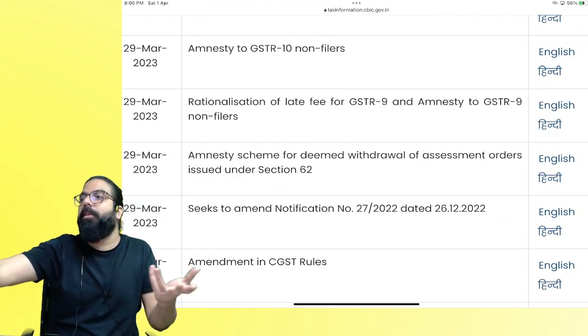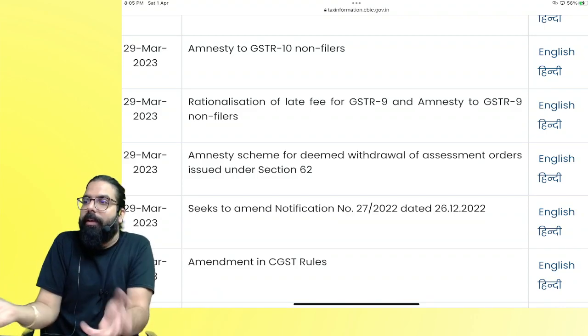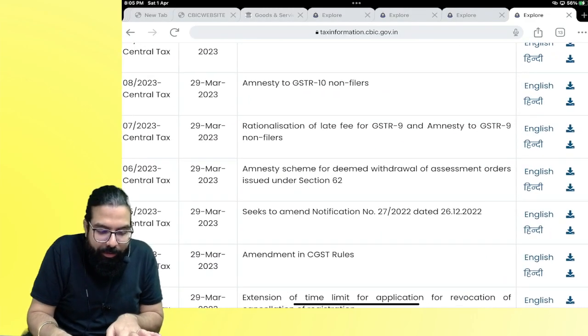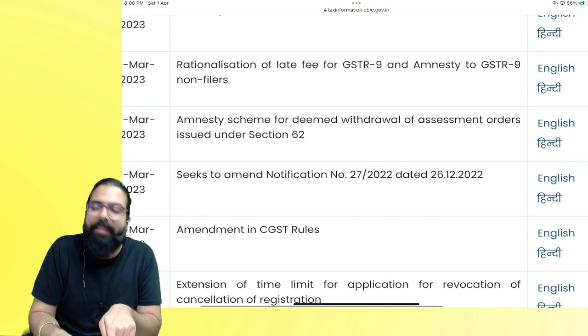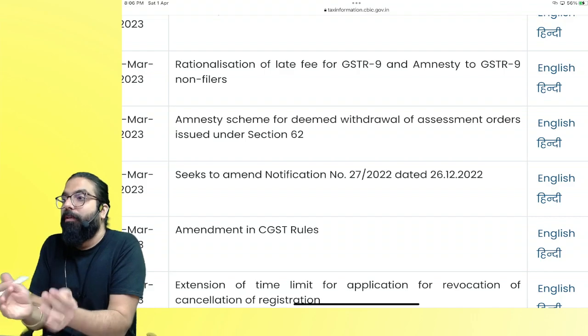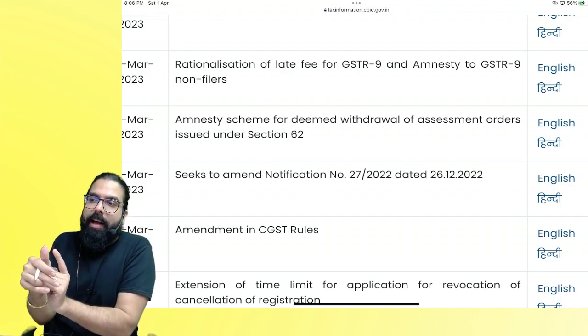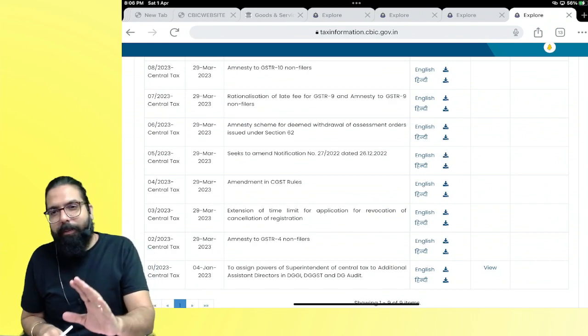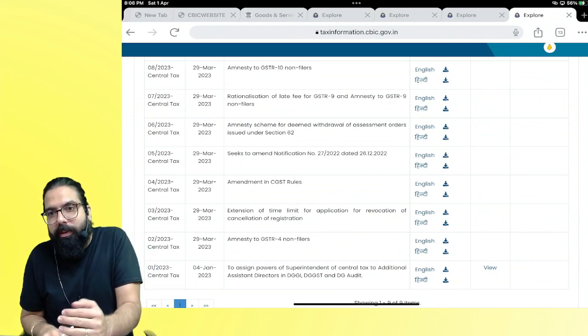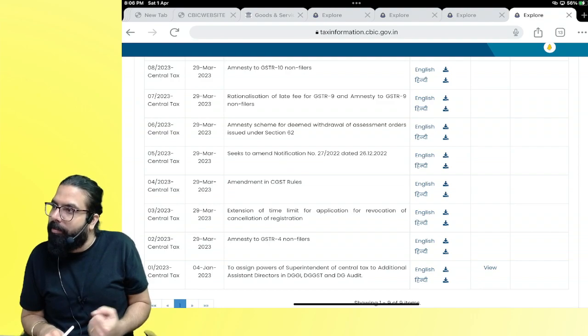Section number 50 is only applicable for you. You getting my point, everyone? This GSTR 9, withdrawal of assessment order 62, all these sections are not applicable for you. CA Final students, these are applicable to those writing in November. Getting my point? Are we all clear? So don't worry about it. Any change which comes, we'll anyways take care of in the class. Can we go ahead, everyone?